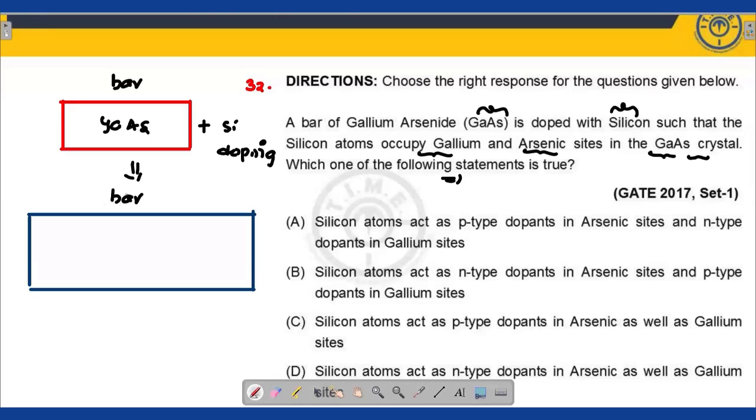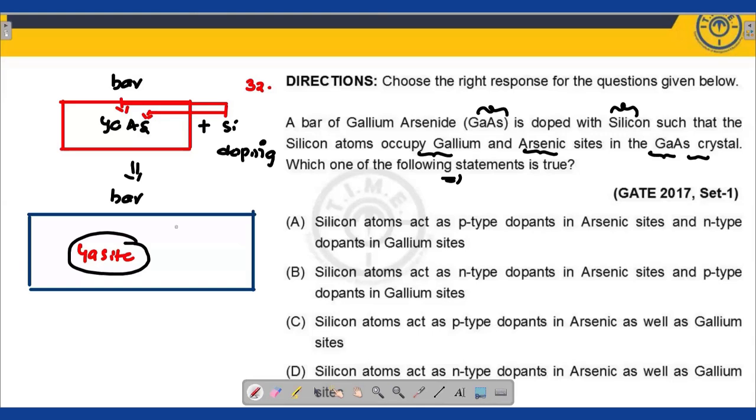The gallium site is replaced, when silicon is doped here, and the same here, that is doping at the arsenic site also.